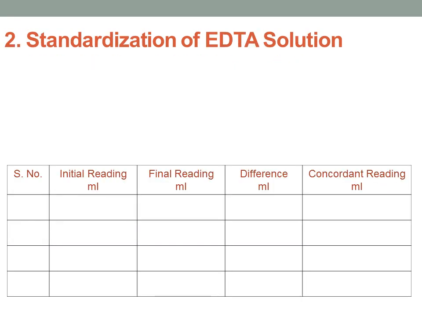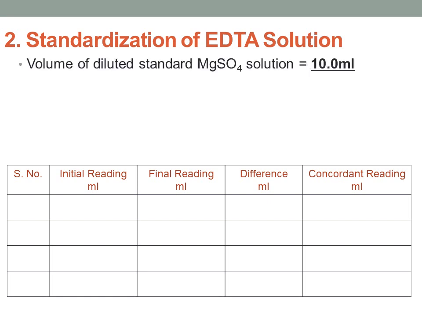In the standardization of EDTA solution step, you got the volume of EDTA solution consumed against the standard magnesium sulfate solution. So first, before filling the observation column, you have to fill the observation points, like volume of diluted standard magnesium sulfate solution you took, you will report here.